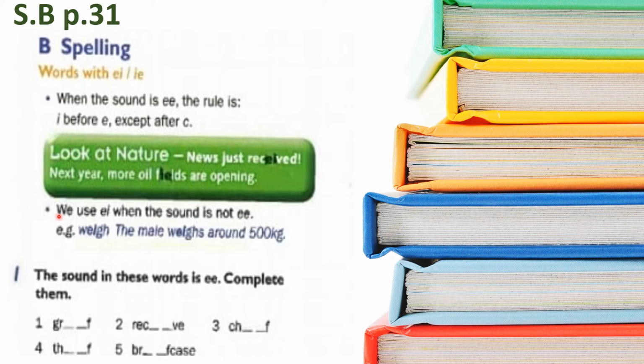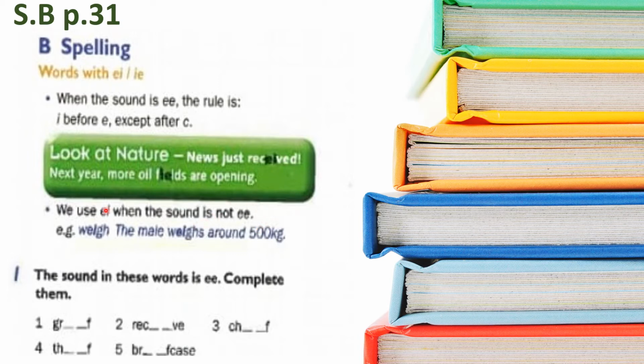But, my students, look here, we use EI when the sound is not E, in some words like weigh, the male weighs around 500 kilograms, or we have other examples that don't have the sound E, like friend or height. These words have EI letters but don't have the sound E.